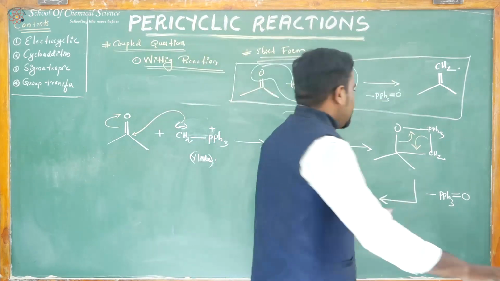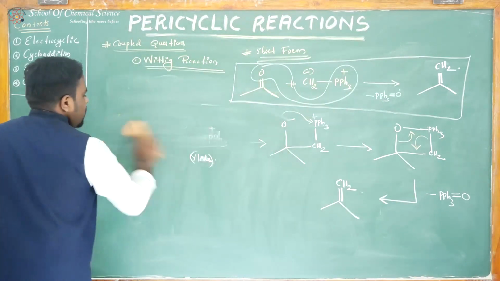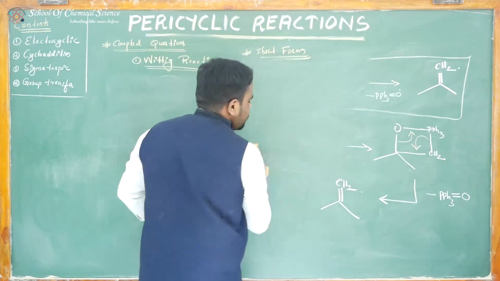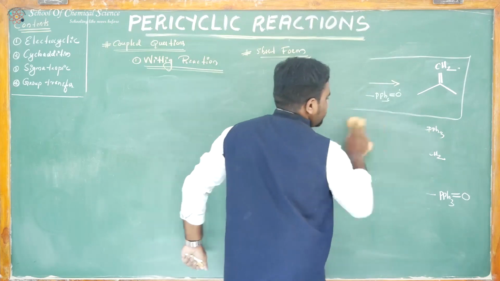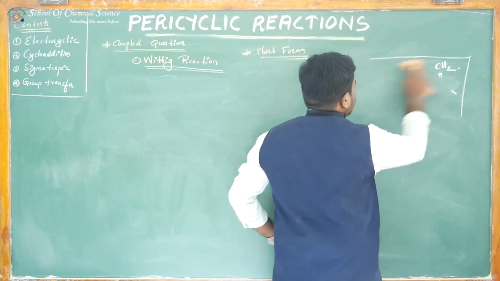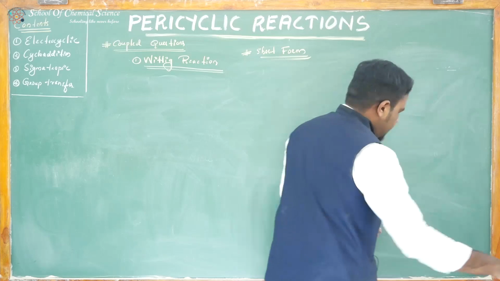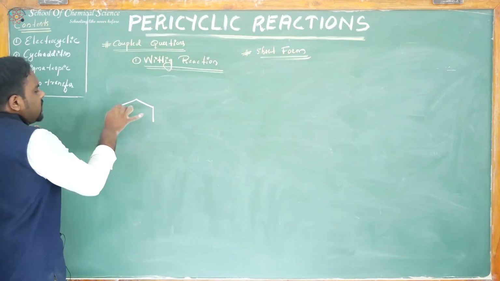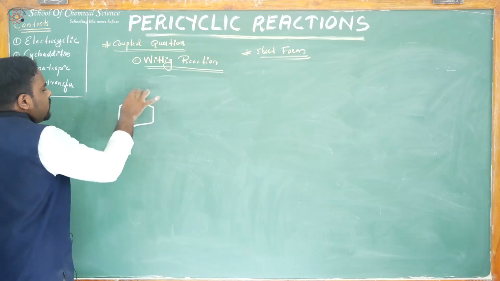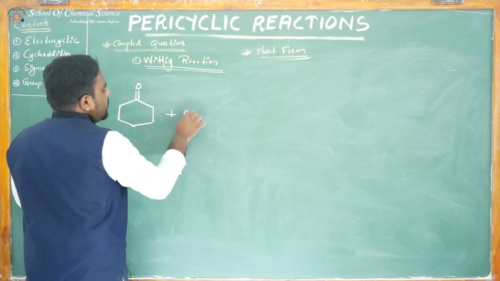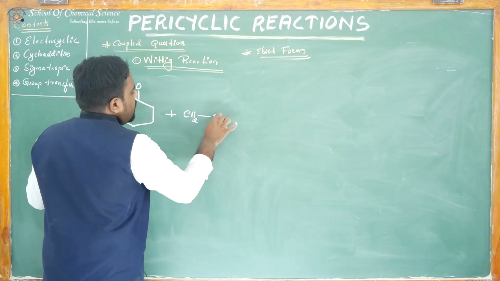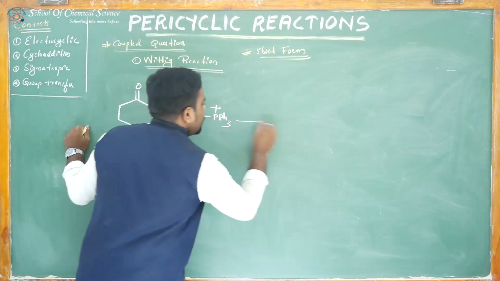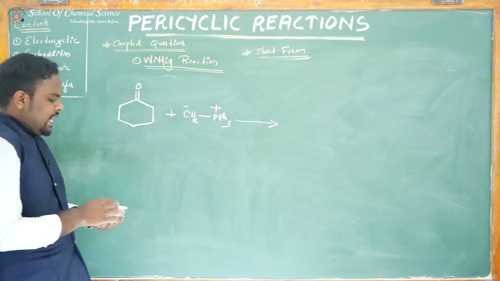One more example, to easily write the product of a Wittig reaction. For example, this is a carbonyl compound on reaction with CH2 minus PPh3 plus. You know definitely this is Wittig reaction. Why?